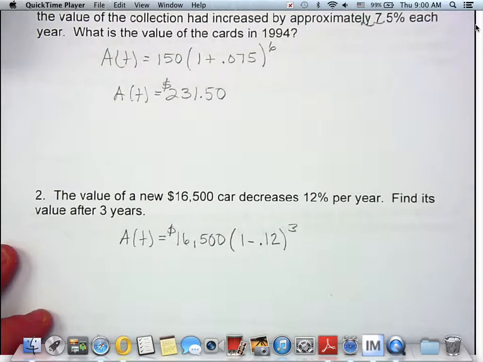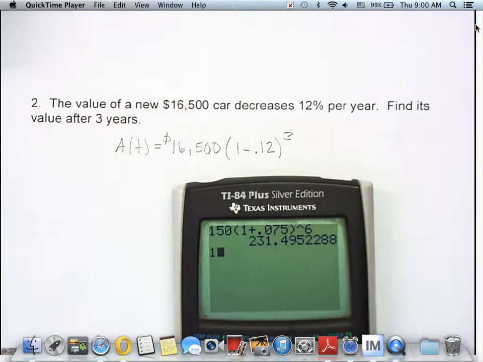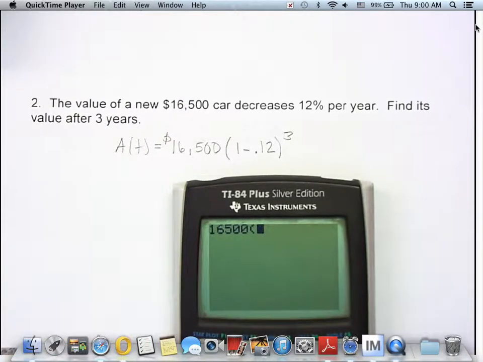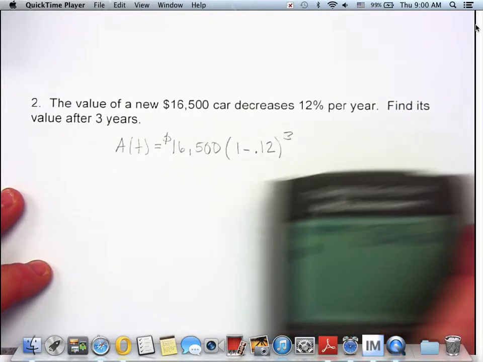Good. And plug that one in your calculator. You put the wrong thing in. $11,244.29.